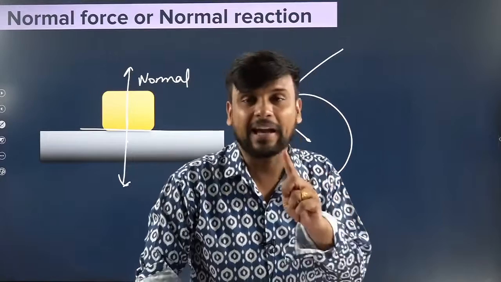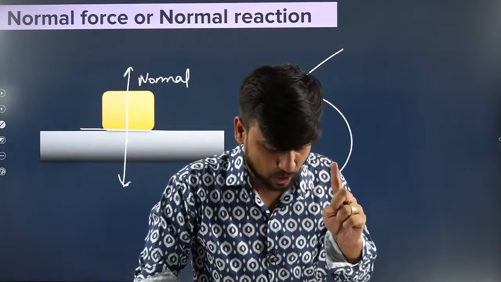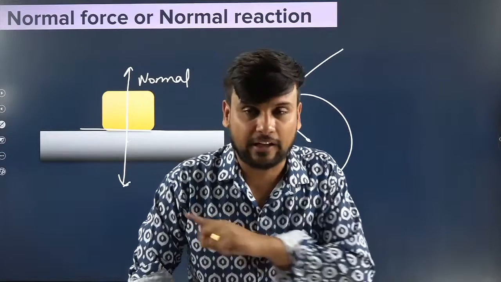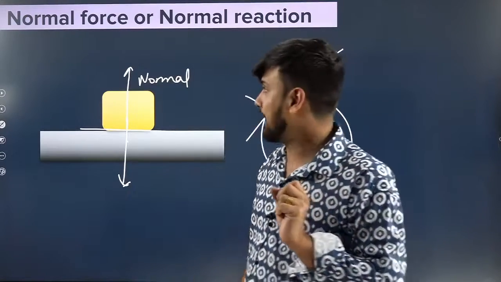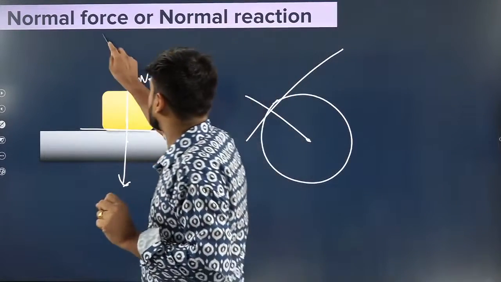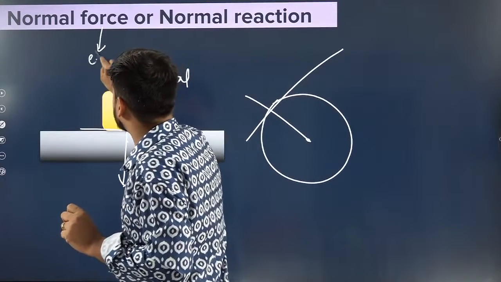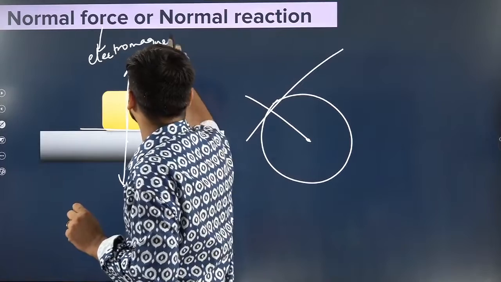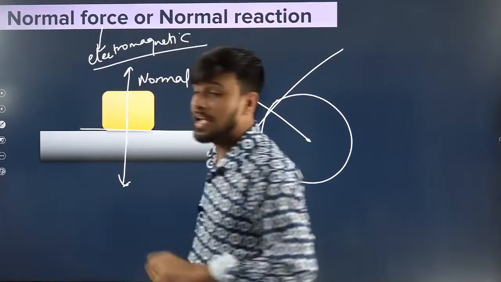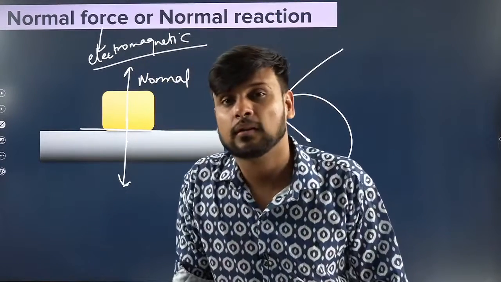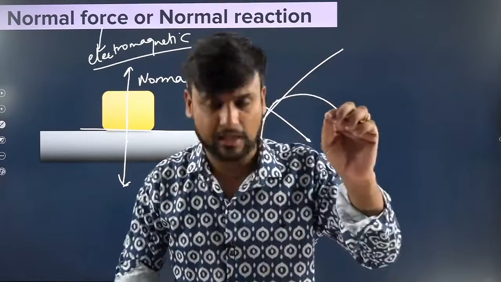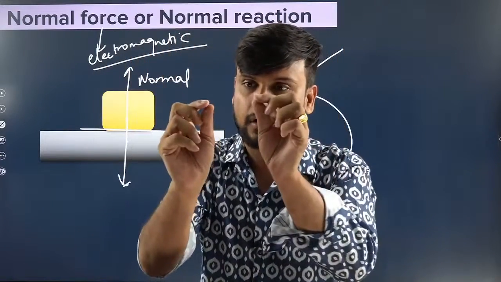I hope you are getting this. What do you mean by this normal force? I gave you one very interesting fact about it. We'll discuss later why this is, but normal force is a type of electromagnetic force. Can you tell me the reason why normal force is electromagnetic force? See, understand.